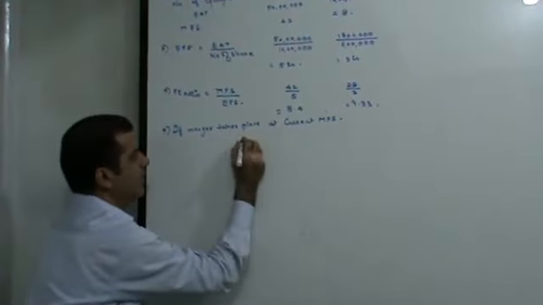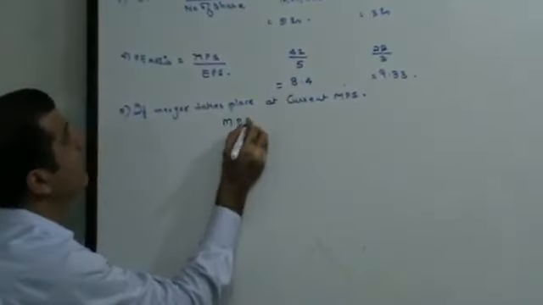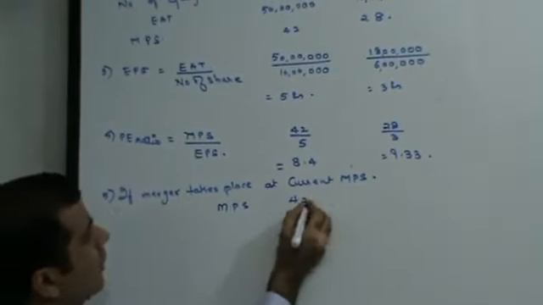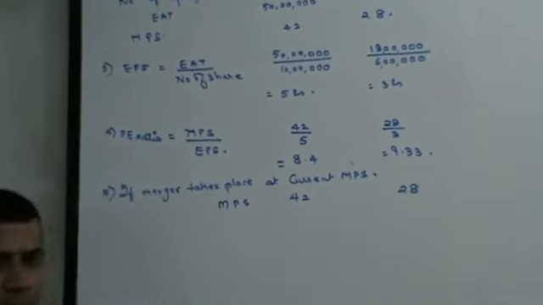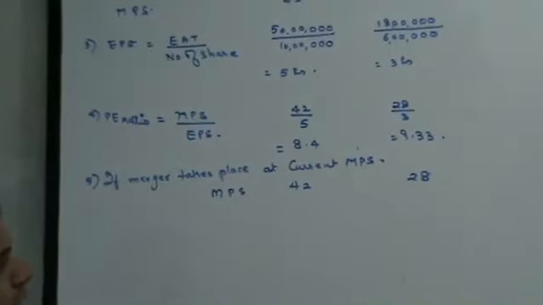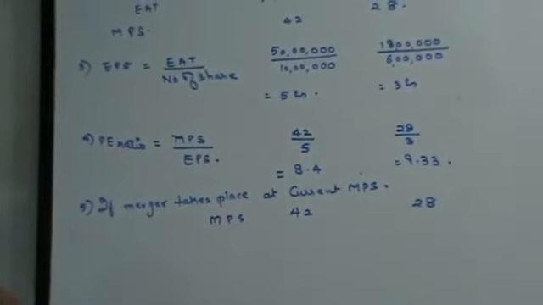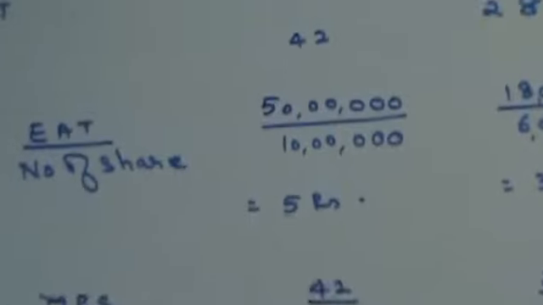That means the MPS given to you is 42 and 28. The market price per share is 42 for Omega Limited and 28 for Alpha Limited.